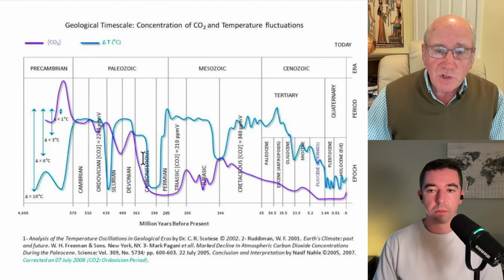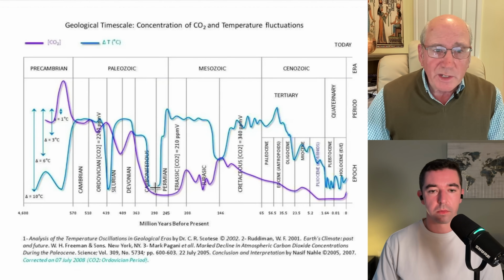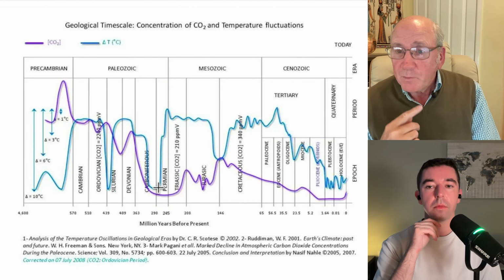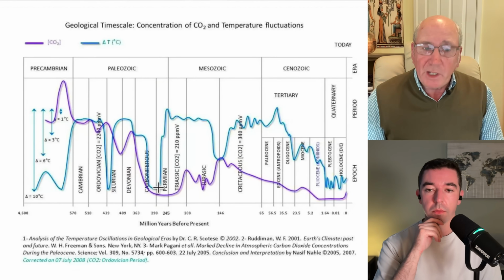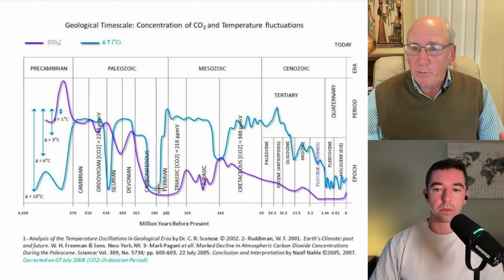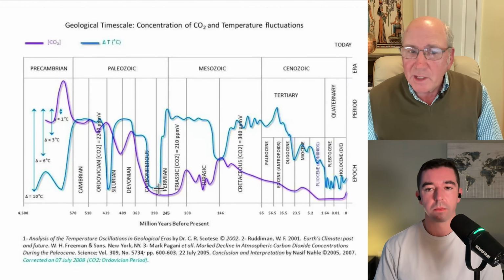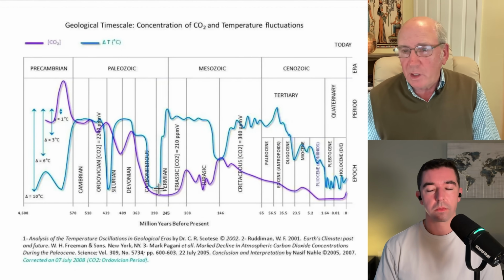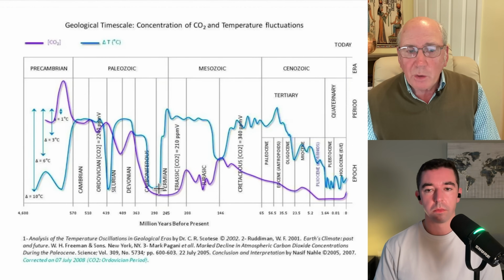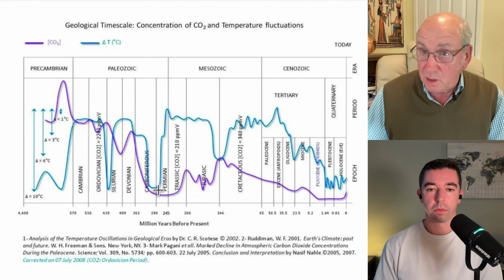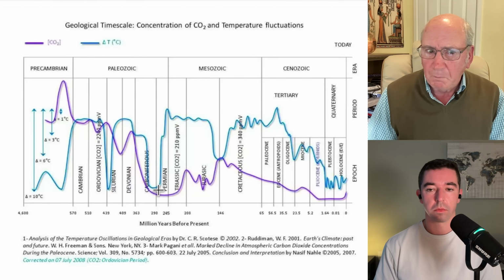Now, when this temperature went down here, this was going down to what they called the snowball Earth. So the ice age got so big that it was going to encompass the entire globe all the way down to the tropics. And if that had happened, then everything would have died. There would have been no life on Earth, of course. So it was lucky that CO2 was released back in. Originally they were saying that this was volcanic activity all of a sudden.